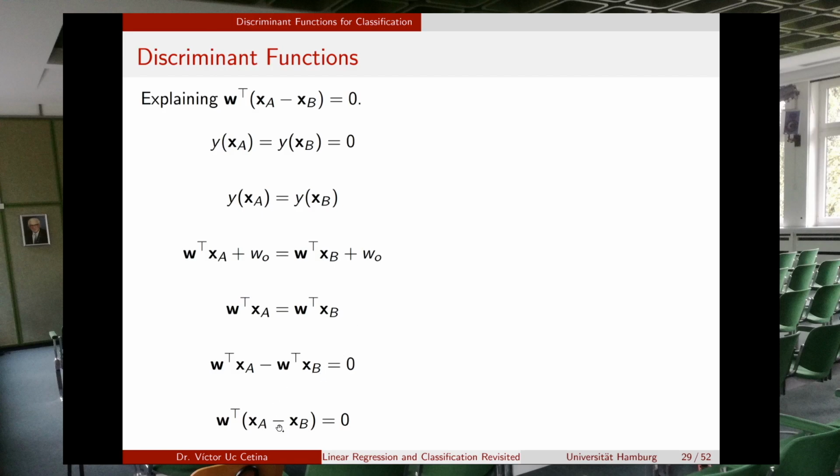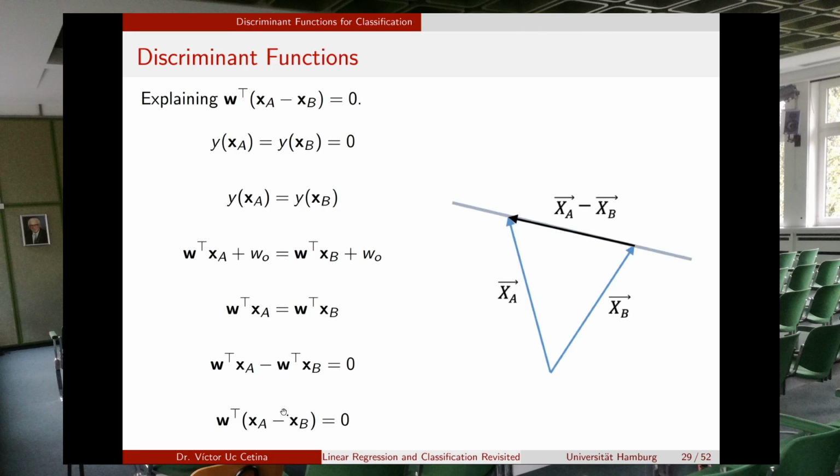And remember that this xa minus xb represents any vector that is lying exactly over our decision surface. Just to remember the subtraction of vectors, suppose that these two vectors xa and xb are like this, then this vector in black can be written as the vector xa minus the vector xb.